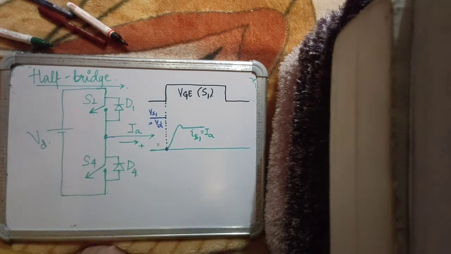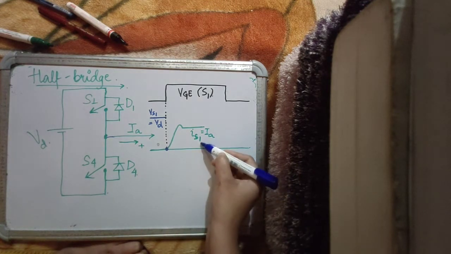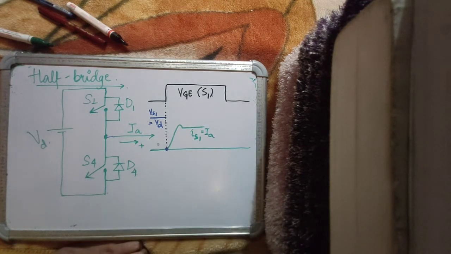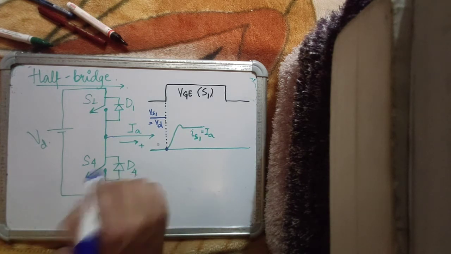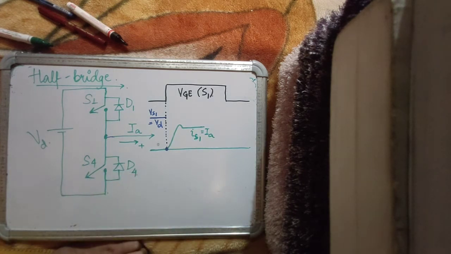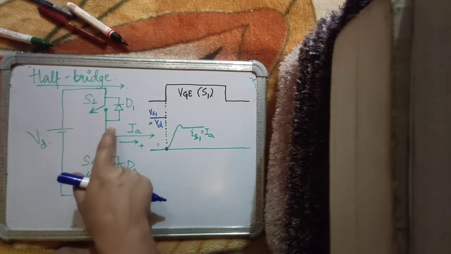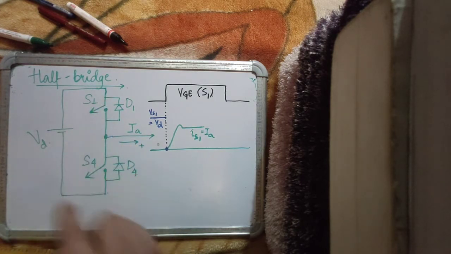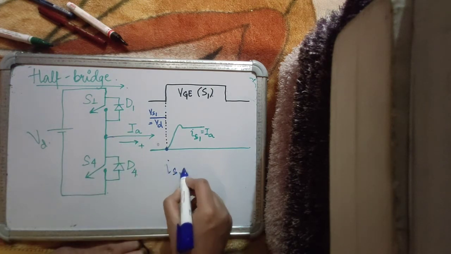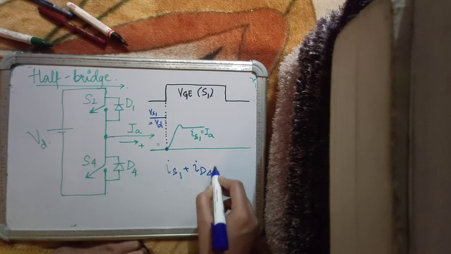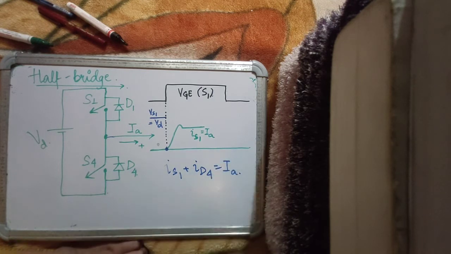which also means that as long as IS1 does not reach IA, till then the current through D4 will not reach 0, because I have to ensure that the current of S1 and the current of D4 together, IS1 plus ID4, make up IA, right?